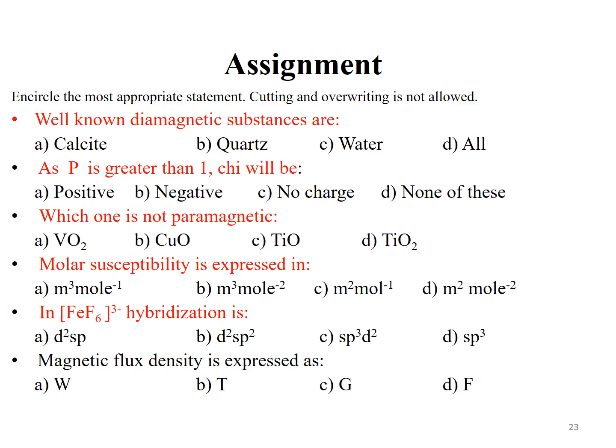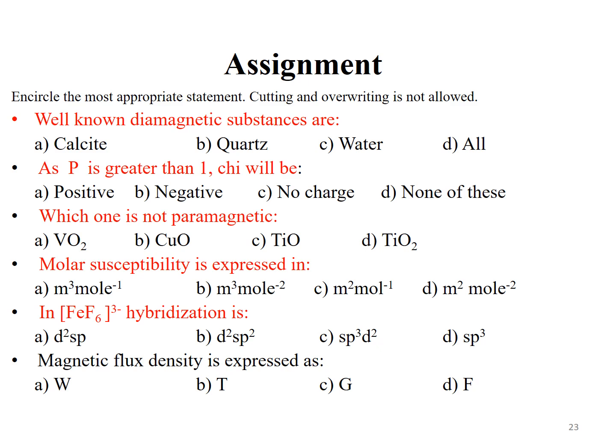Which one of these is not paramagnetic? So it means three of these compounds are paramagnetic, one of them is diamagnetic. Molar susceptibility is expressed... susceptibility is usually found in gram form, and further it is converted into molar. I think in one of the earlier lectures I have given a calculation of this molar susceptibility.